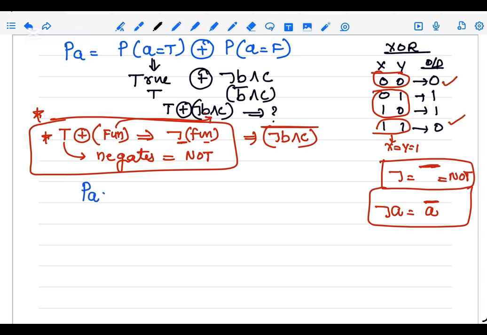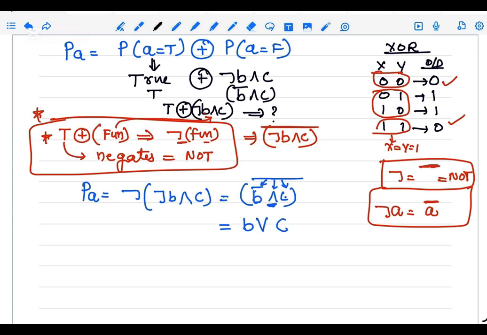So this one is the predicate. P of A equals to not of B and C. Not means, that is B bar, C whole bar, that is complement. B complement and C complement. If the complement is applied to these 2 and these 3 also, 3 variables, how does it become B? So AND gate becomes OR, and C becomes C complement.